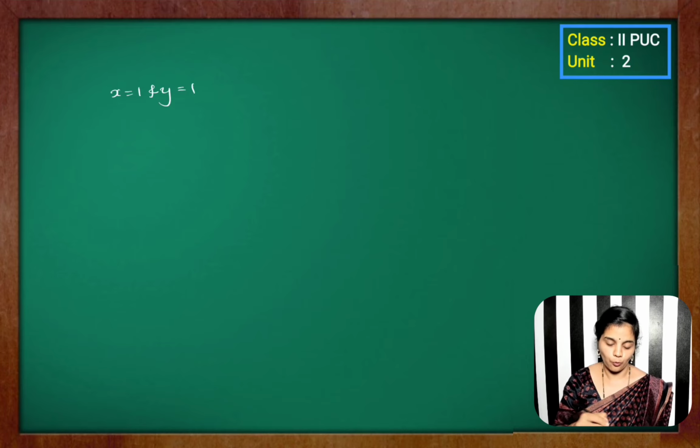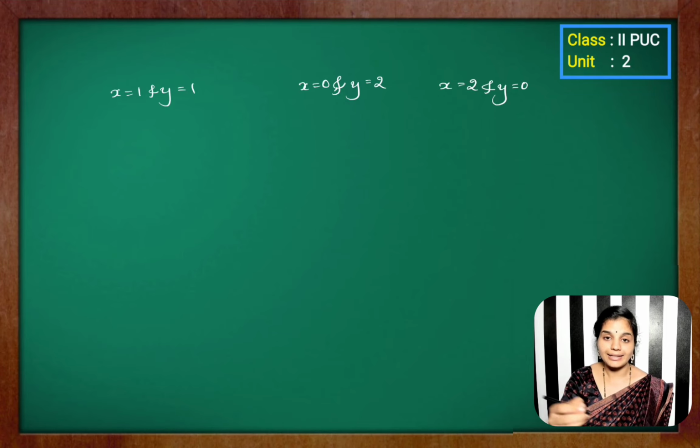If we have X is equal to 1 and Y is equal to 1, or if we have X is equal to 0 and Y is equal to 2, or X is equal to 2 and Y is equal to 0. Let us write the rate law here. So rate is equal to K, concentration of A raised to 1, concentration of B raised to 1.